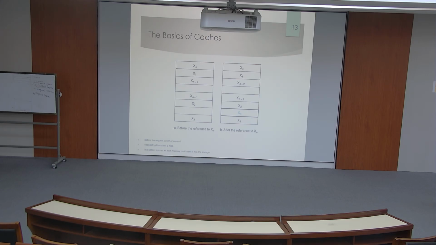So this is before the reference to xn. Now, imagine the system is fetching the xn block from the cache and the block is not there. So this is the content of the cache before the request of xn.